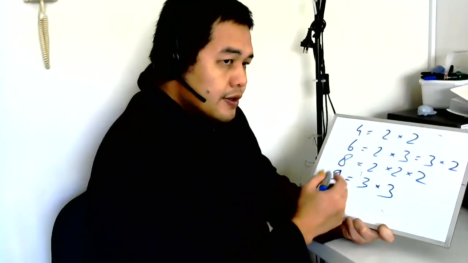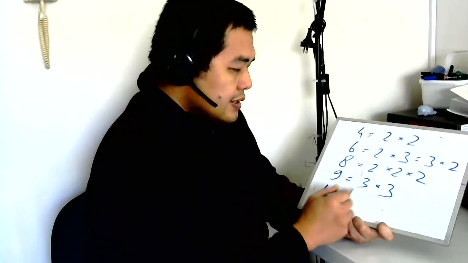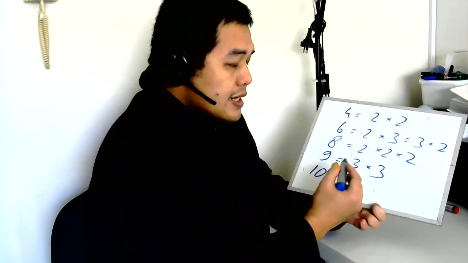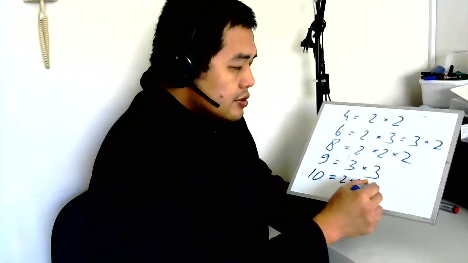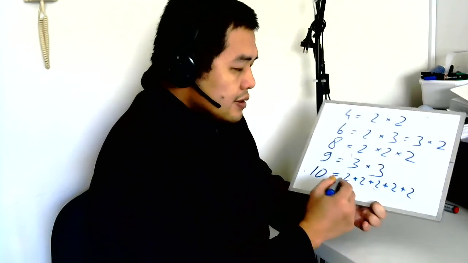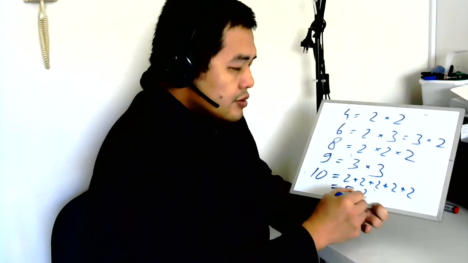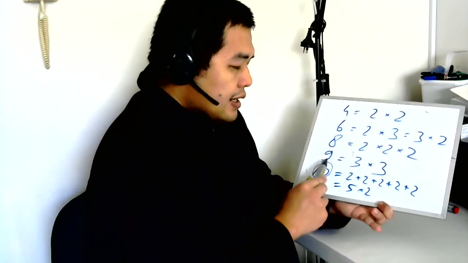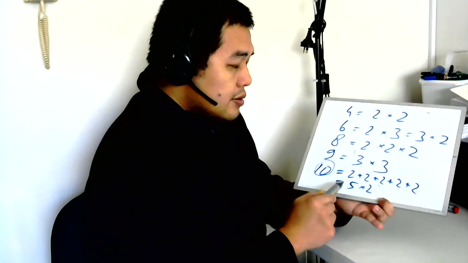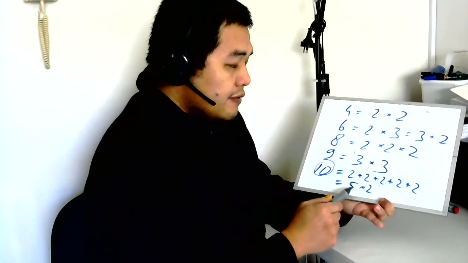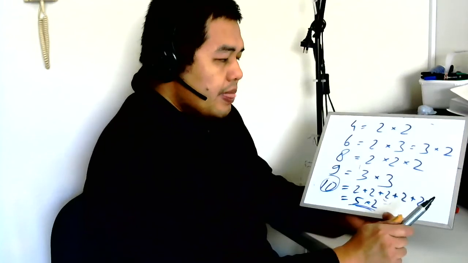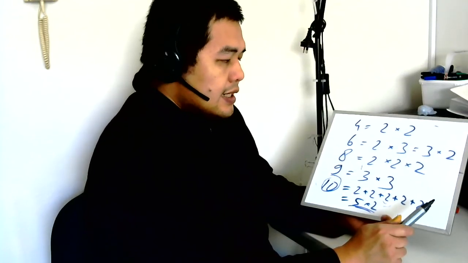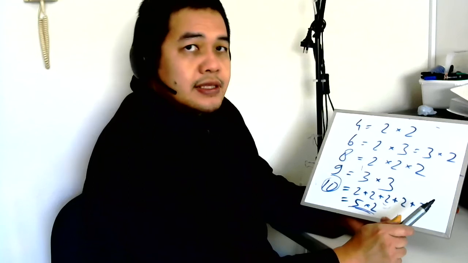Now, if you go a bit further, for example, 10, of course, in the beginning, the kids will tell us, okay, 10 is just 2 plus 2 plus 2 plus 2 plus 2, like this, or we can say it's 5 times 2. So in this case, 10 equals the prime number 5 multiplied by the prime number 2. And this idea is very important later when they deal with the exponent.